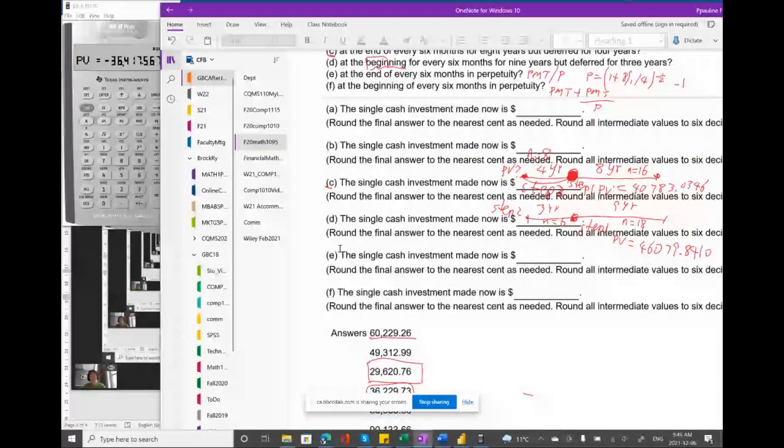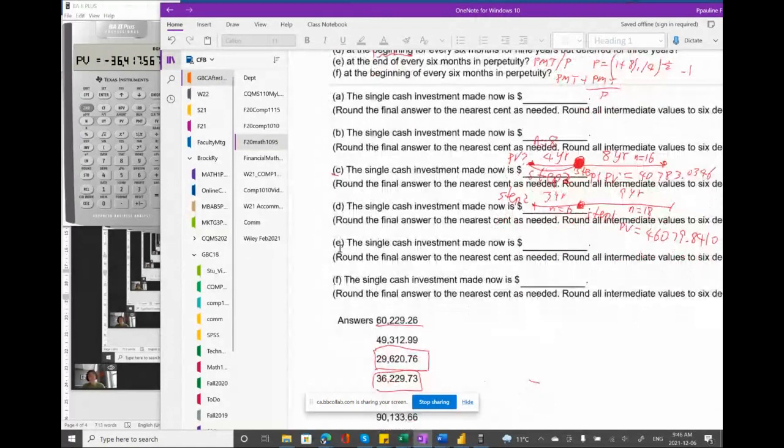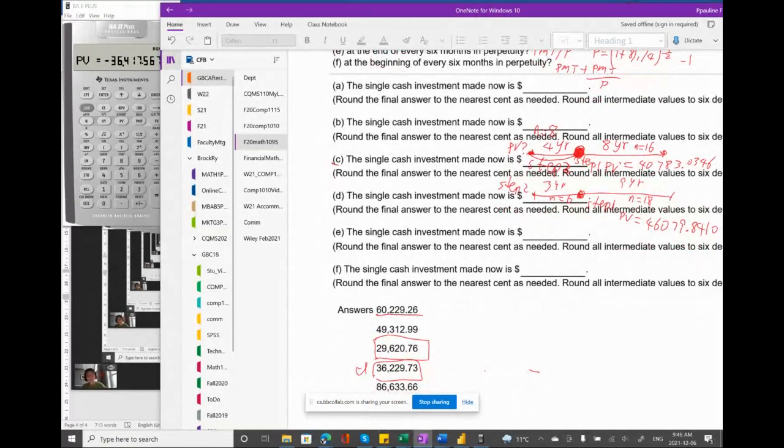Now I will redo part D. To redo it, Second, equate: PY is 2, but CY is 4. Enter. Second, equate.